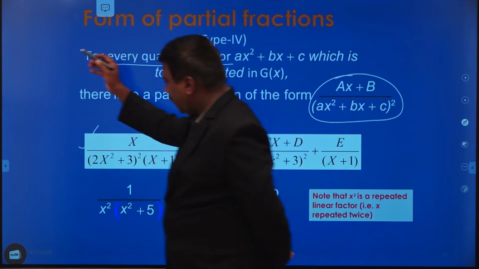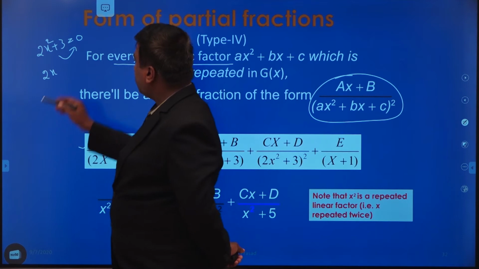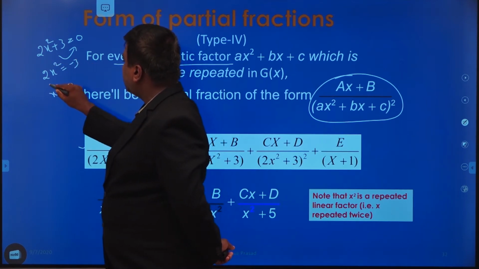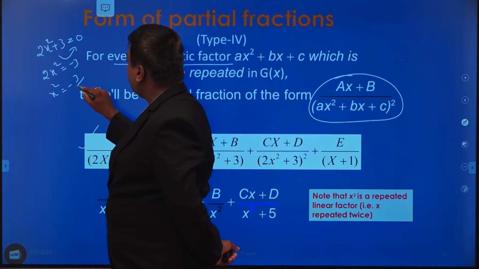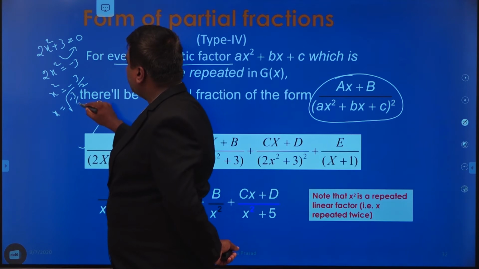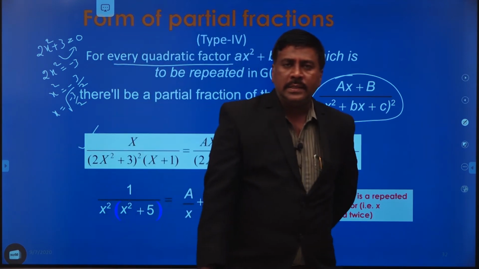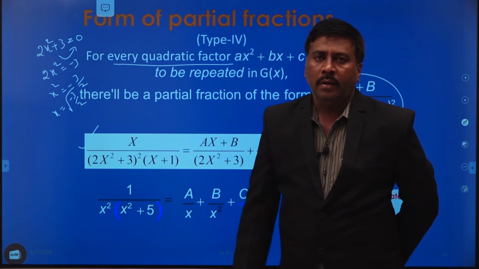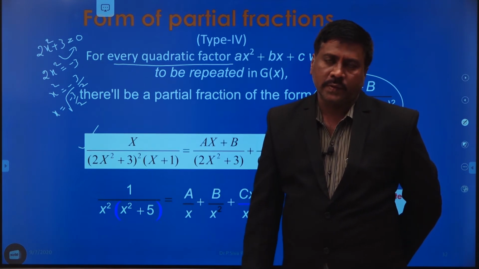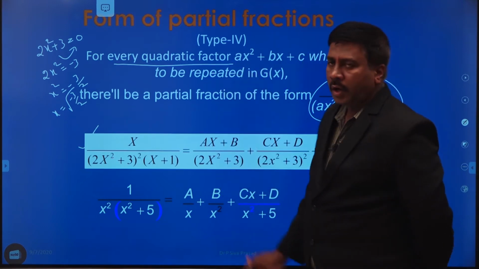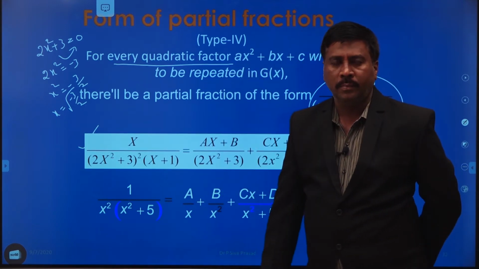Take 2x square plus 3 equal to 0, then 2x square equals minus 3, then x square equals minus 3 by 2, then x equals square root of minus 3 by 2. The meaning of that is, if the roots have negative terms, then the roots are complex roots. Such types of factors are called quadratic factors, which you already learned in the previous lectures.